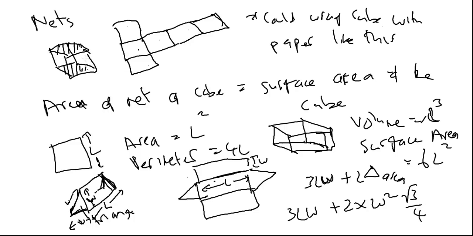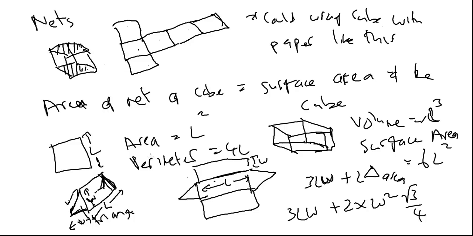So what we did here was just use the idea of nets, starting with our three-dimensional object. We determined the net, the area of which is the surface area of the three-dimensional object that we're dealing with, which can be thought of as the wrapping paper, like the minimal wrapping paper that could cover the object.